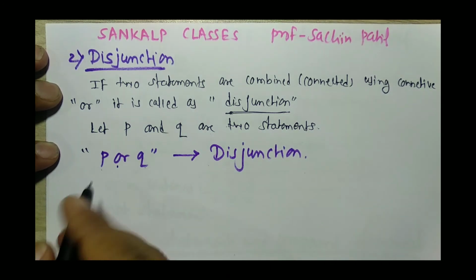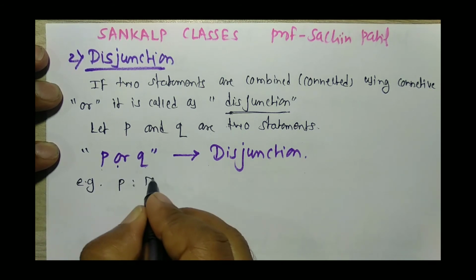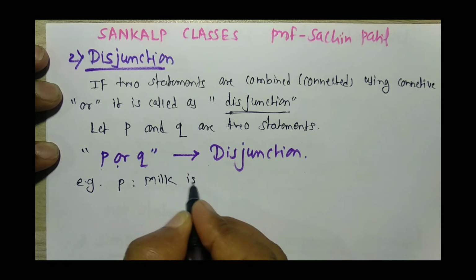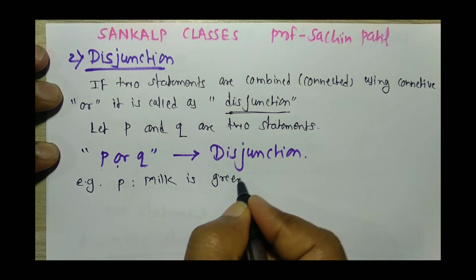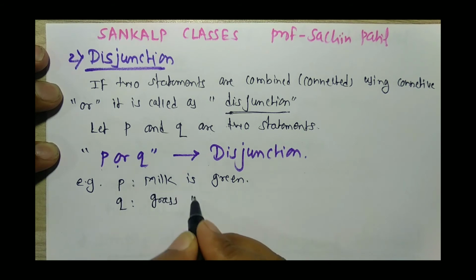For example, once again, the first statement is milk is green, and the second statement is grass is white.